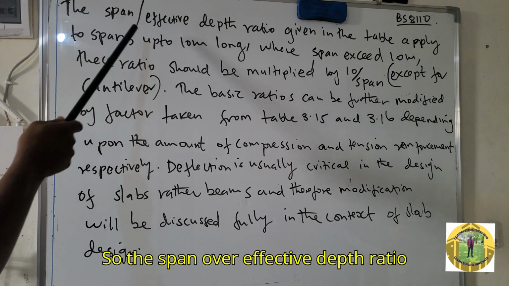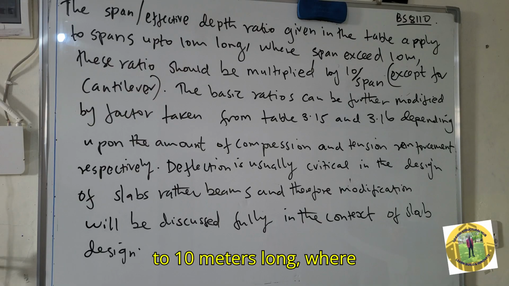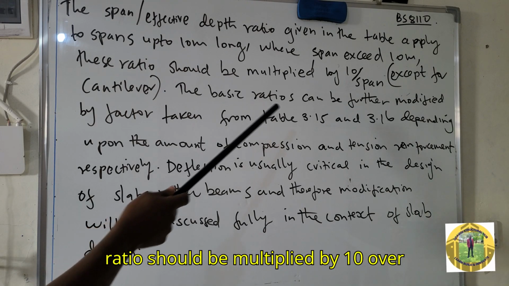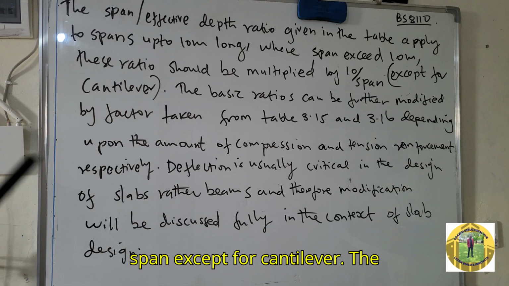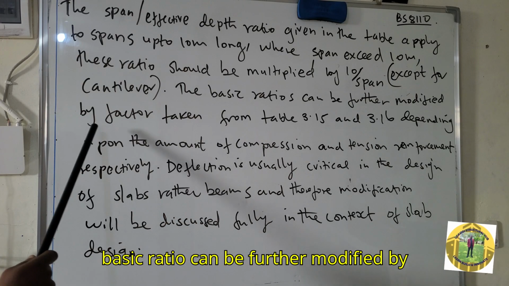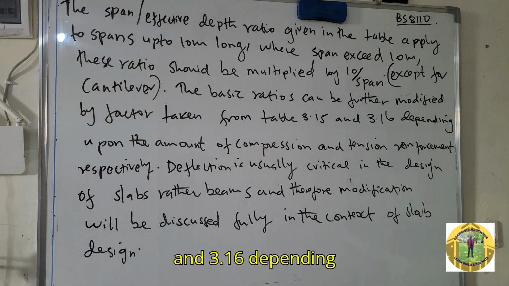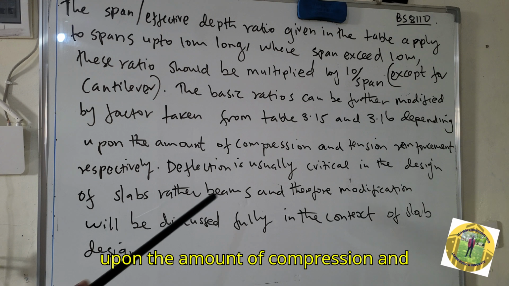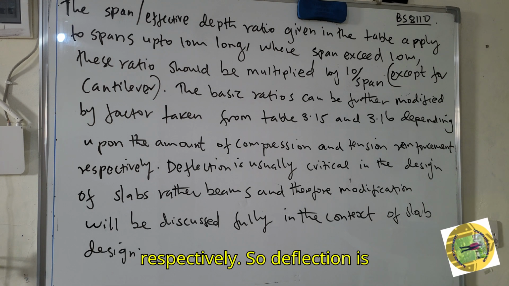The span over effective depth ratios given in the table apply to spans up to 10 meters long. Where the span exceeds 10 meters, this ratio should be multiplied by 10 over span, except for cantilevers. The basic ratio can be further modified by factors taken from table 3.15 and 3.16, depending upon the amount of compression and tension reinforcement respectively.